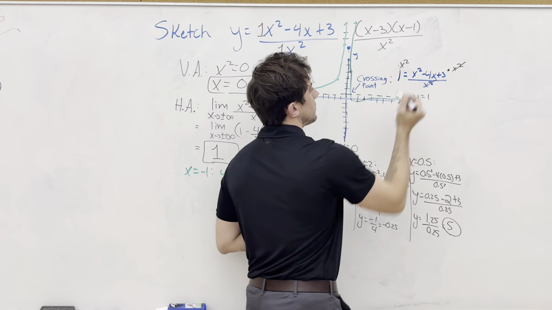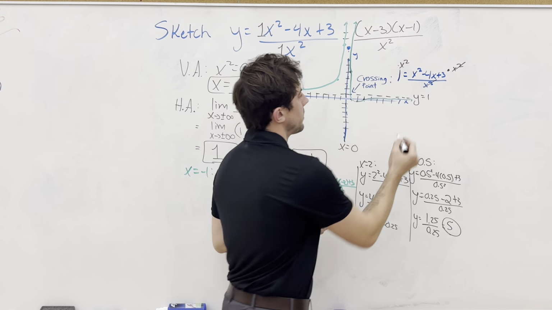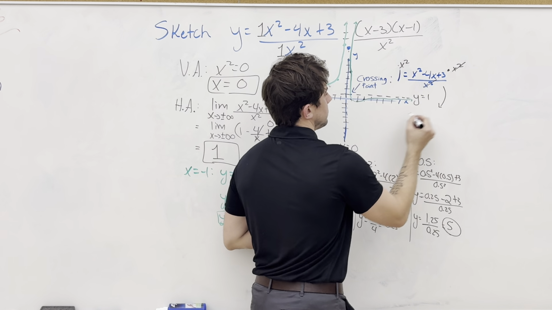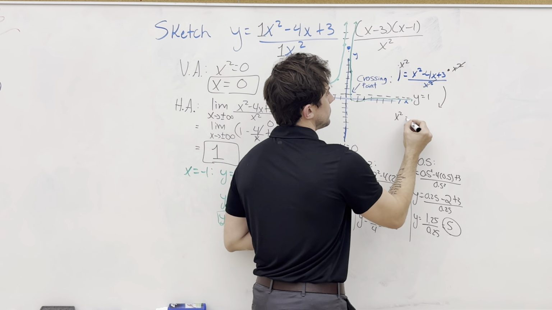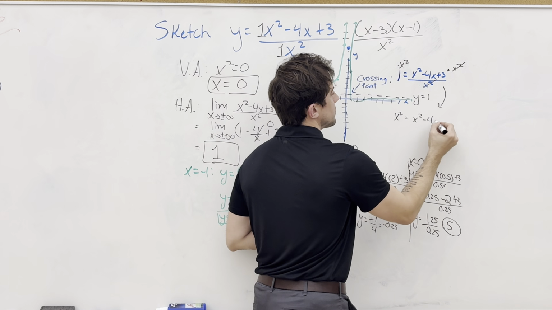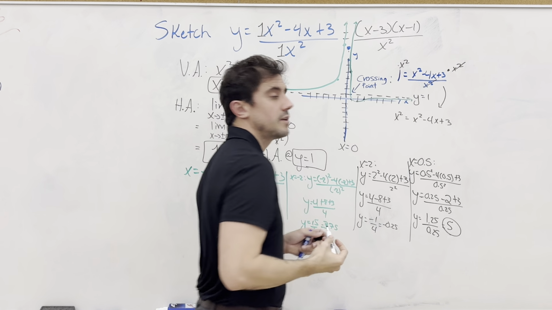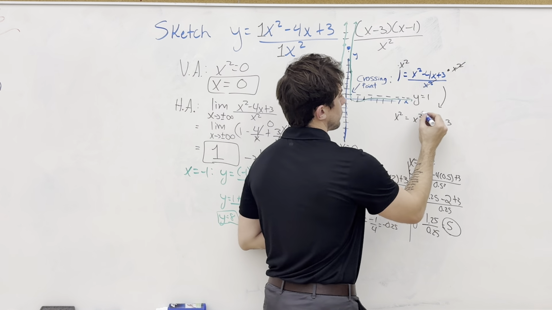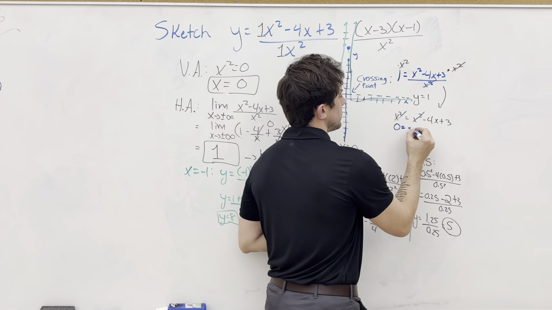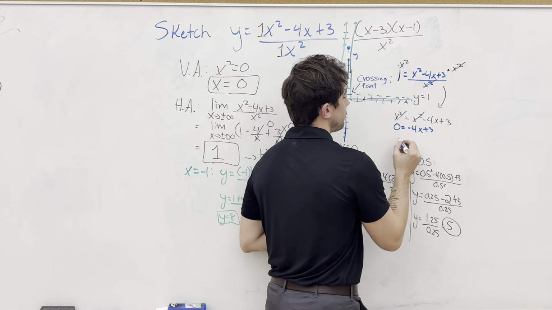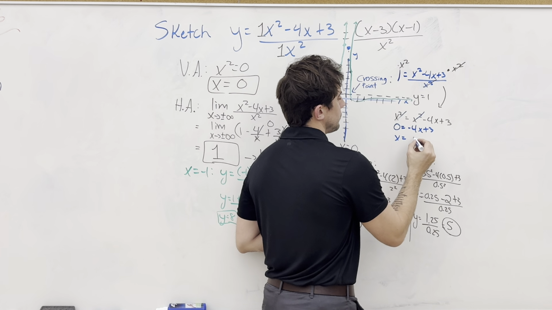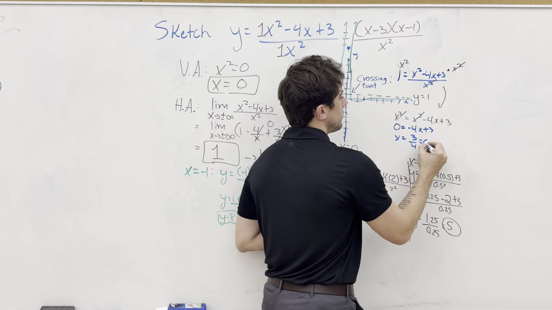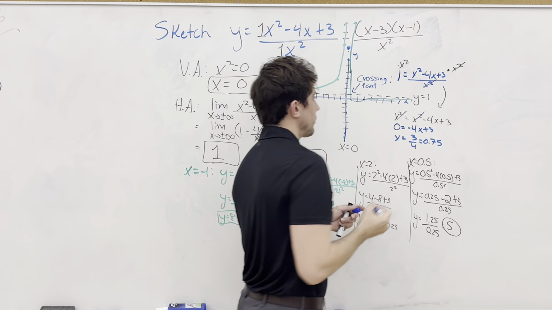And so, like so, 1 times x squared, that means x squared is equal to x squared minus 4x plus 3, right? That's not a terrible equation to solve. The x squareds cancel out, and so we get 0 is equal to negative 4x plus 3, and that means that x is equal to 3 over 4, or in decimal form, 0.75.